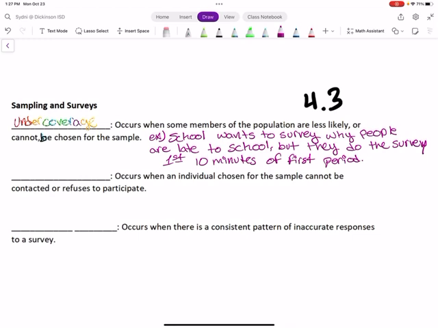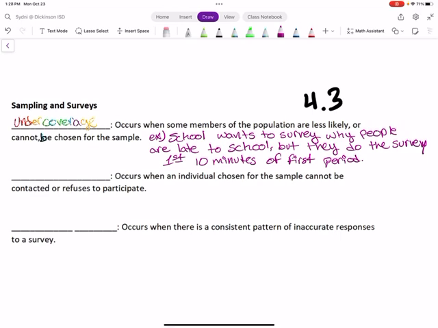If they're doing a survey over why people are typically late to school, and they're doing it the first 10 minutes of first period, they're missing out on a lot of people. And so that's called undercoverage, because they are less likely or cannot be chosen for the sample because they are not at school. So they cannot be chosen because they are not there.